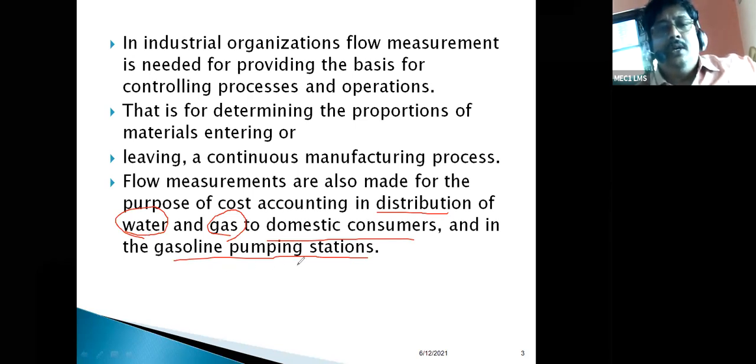The gasoline pumping stations. If you observe, even in Vizag steel plant, the gases flow through pipelines from the gasoline pumping stations. To heat a furnace, a large amount of heat is required, so gasoline is sent from the station to wherever required.